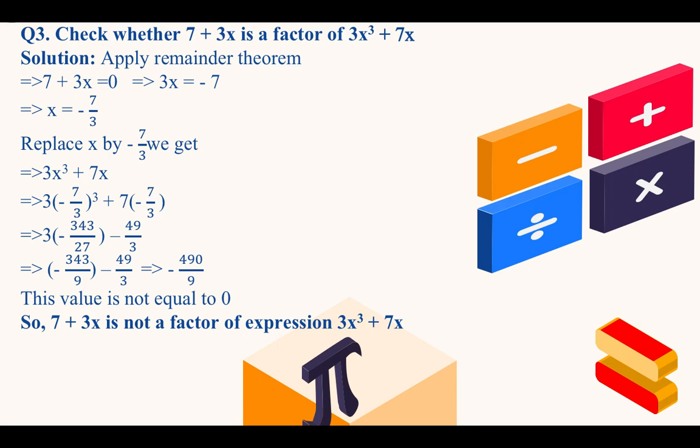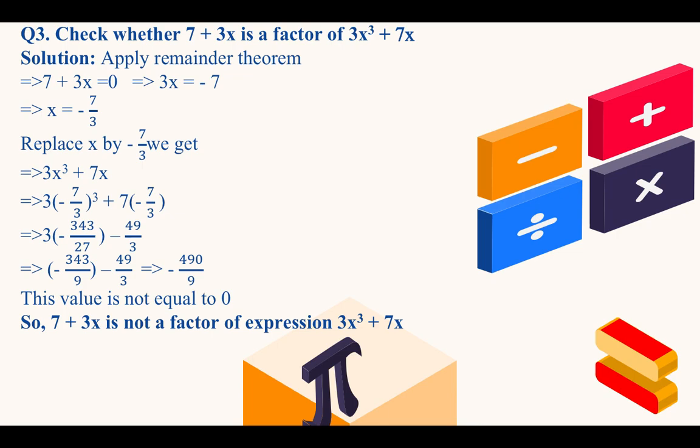Then you get 7 multiplied by 7 is 49 upon 3. Now we will take the LCM and solve it. So we will get the answer as minus 490 upon 9. So you can see this value is not equal to 0. Therefore, this is not a factor of 3x cube plus 7x.